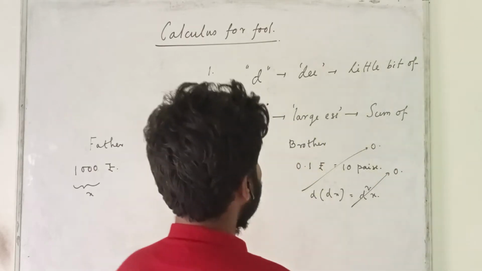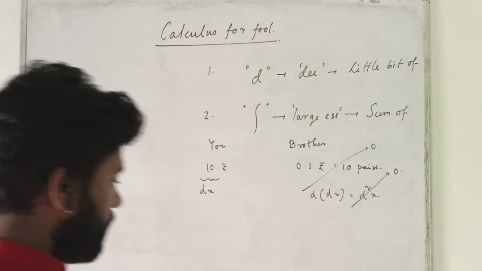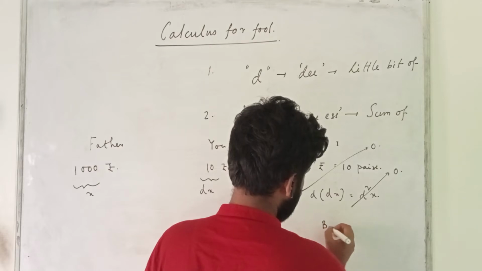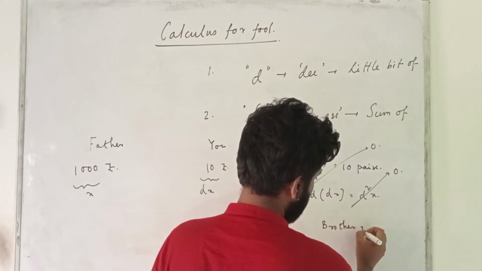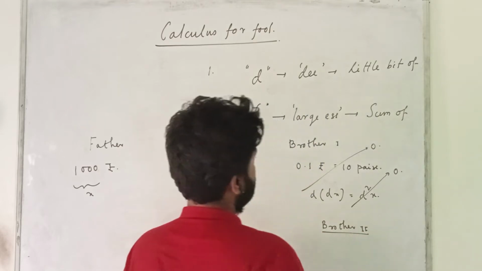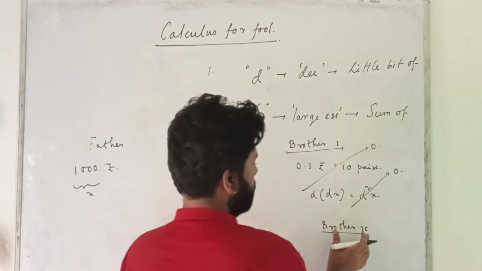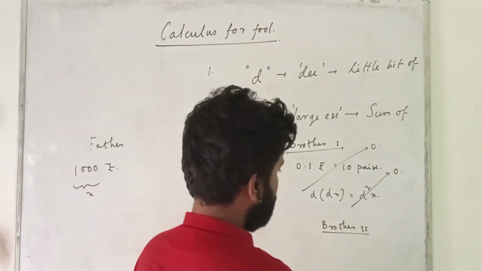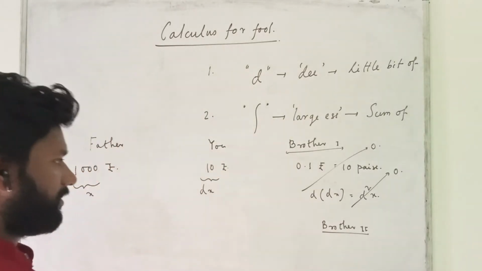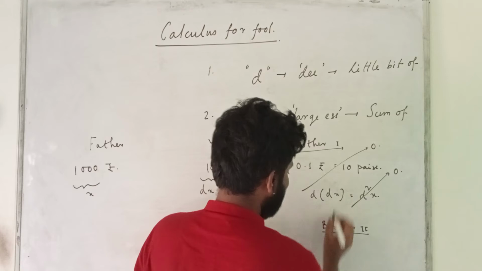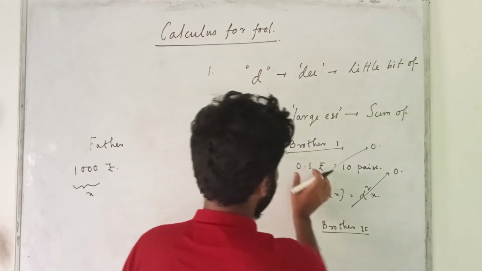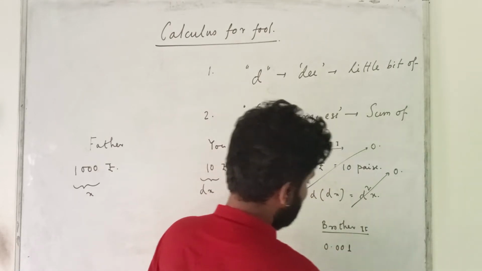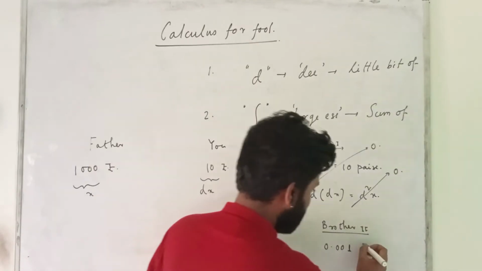Now just imagine you have a second brother, very small actually. His child is brother 1 and brother 2. And if brother 1 tells brother 2 that whatever I will get, just 1% of this money I will give to you. So let's imagine the 0.1, the 1% of it, is 0.001 rupees.